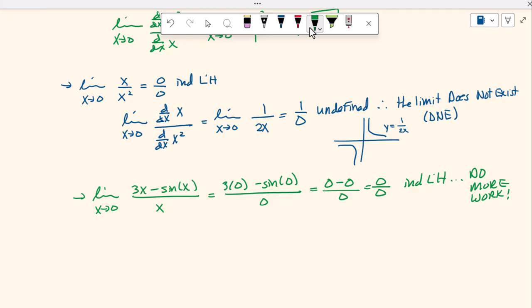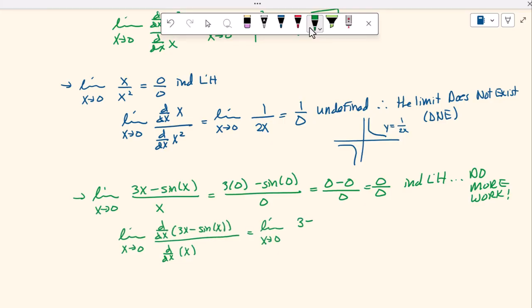Okay, so indeterminate L'Hopital's, then I would come back here and I would say, okay, then I can take the limit as x approaches 0 of the derivative of the top all over the derivative of the bottom. So the derivative of 3x is 3.